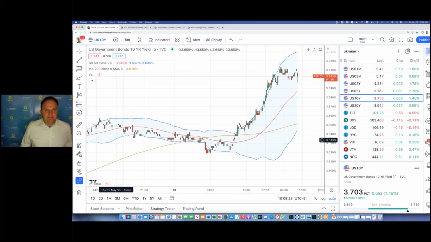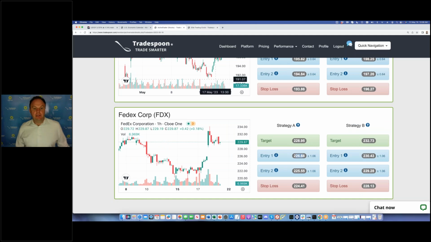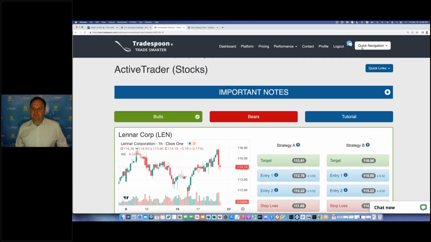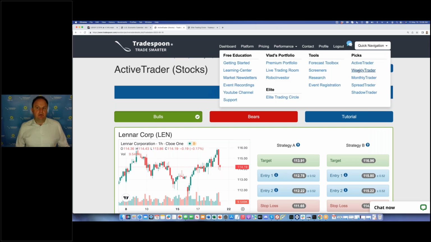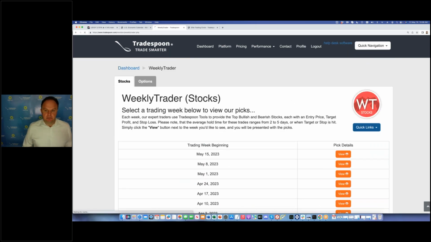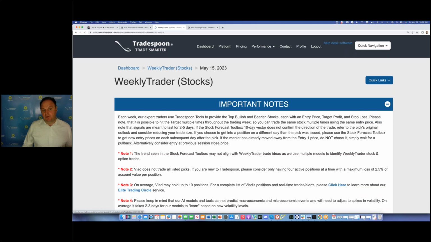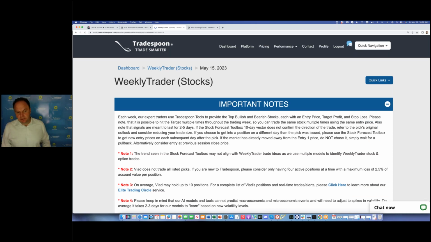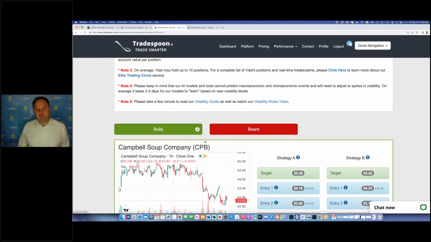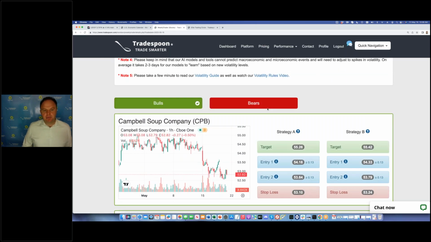All right. So that's the active trader, right? In terms of some of the trade ideas. We have weekly trader, right? Longer time horizon. Basically, maybe you want to hold this position for a week or 2 instead of a couple hours or a couple days. Some of the consumer staples have been in an uptrend, right?